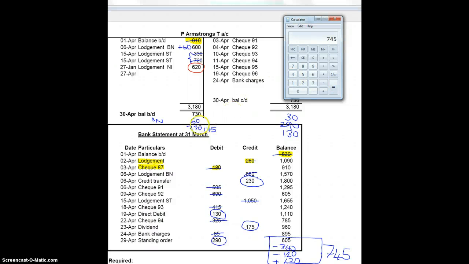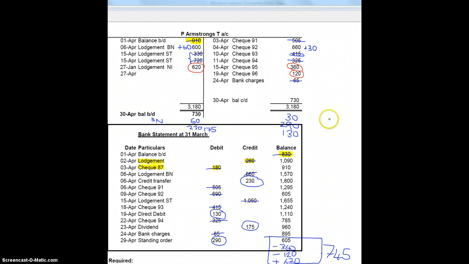And what that means is the debit side is bigger by 745. The closing balance now is 745, which is what we wanted to get because it reconciles with what we did down there.